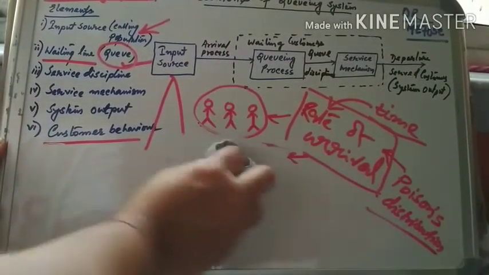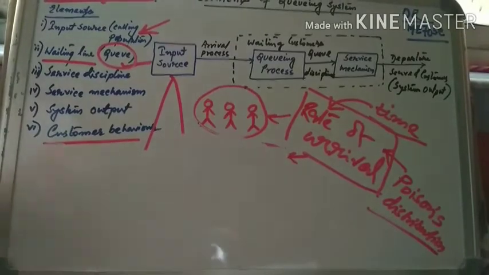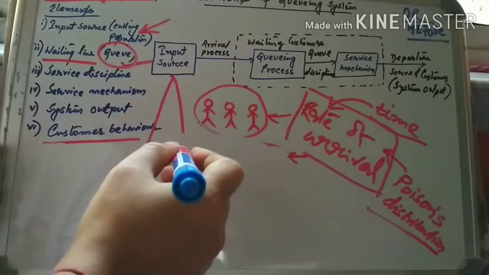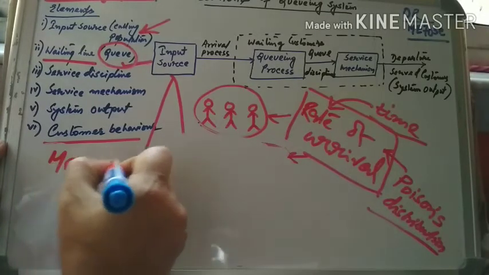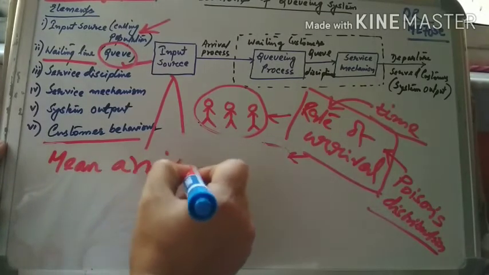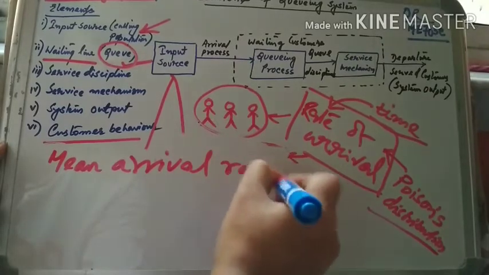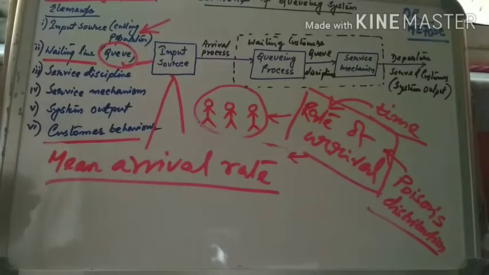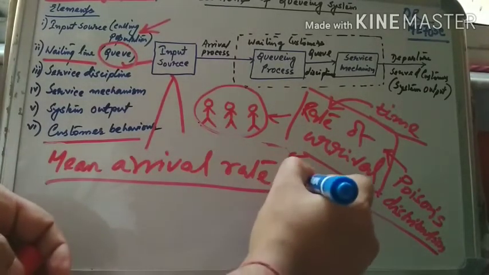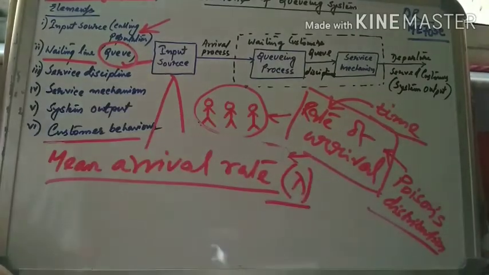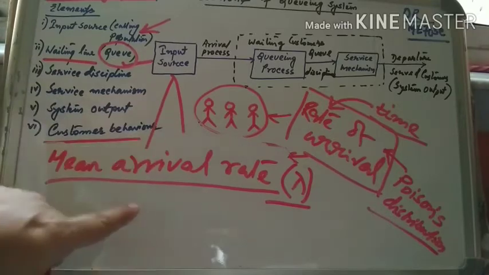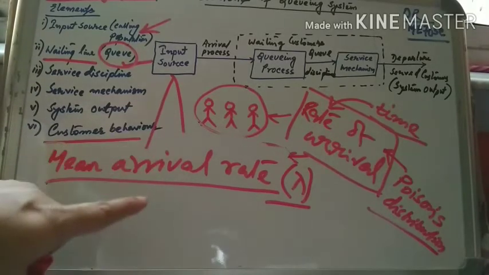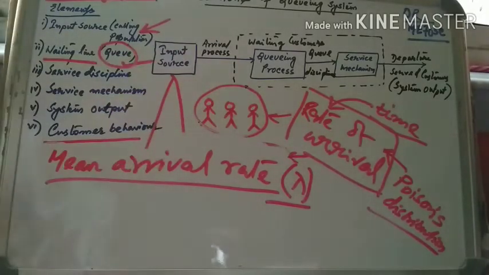It is the average number of arrivals per unit time, and it is denoted by lambda. You must remember, we are going to use this term in each and every numerical we solve in our later classes.